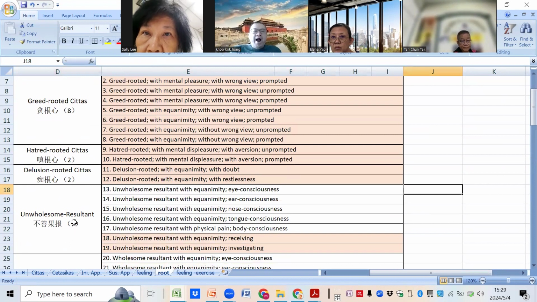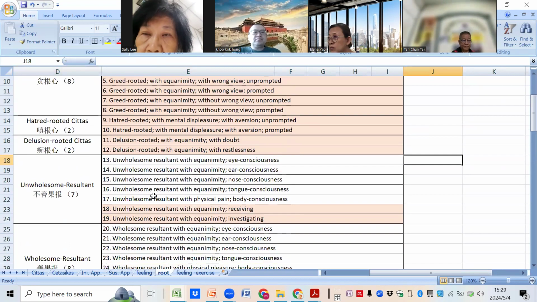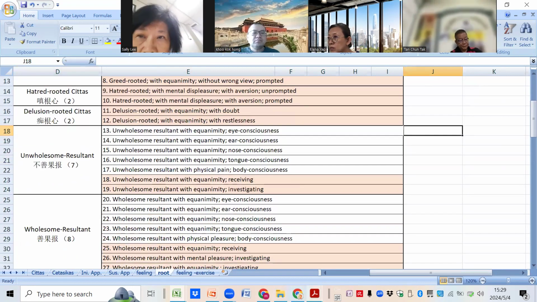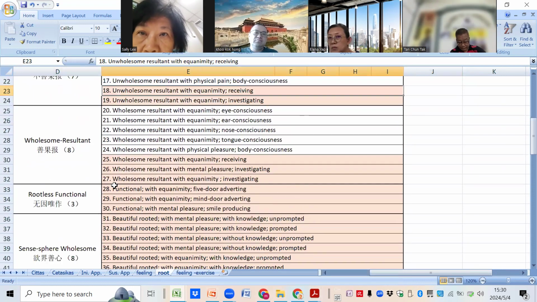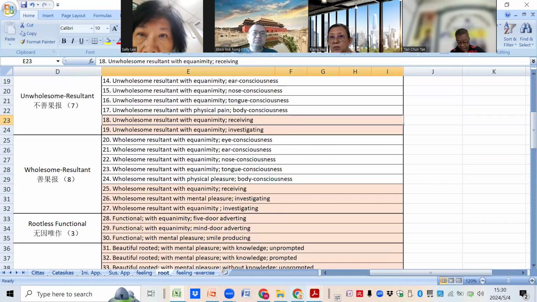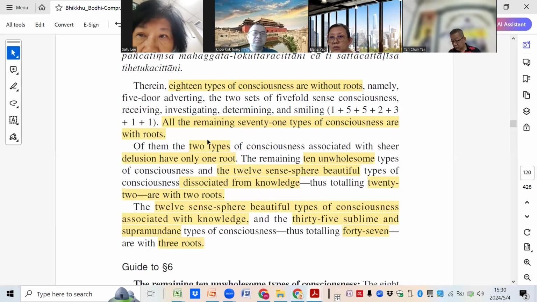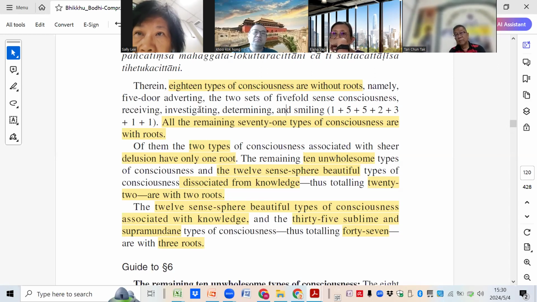Because we are able to see right here, it mentions the fivefold consciousness: receiving, investigation, determining, and smiling.